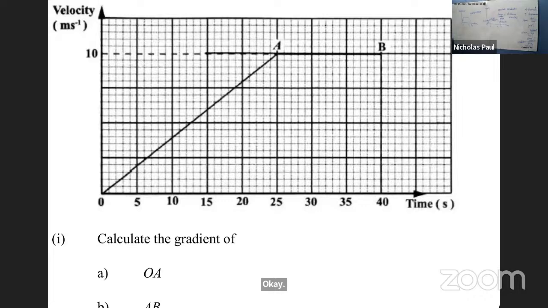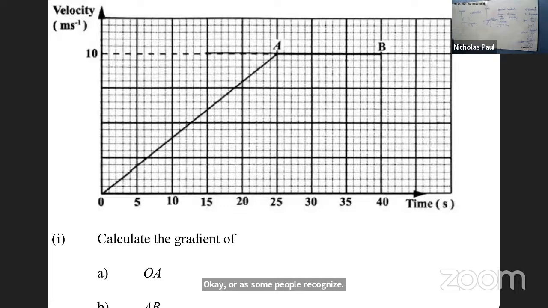Very good. The acceleration. The acceleration gives you the change in velocity every second. Or, as some people recognize, divide 10 by 25.